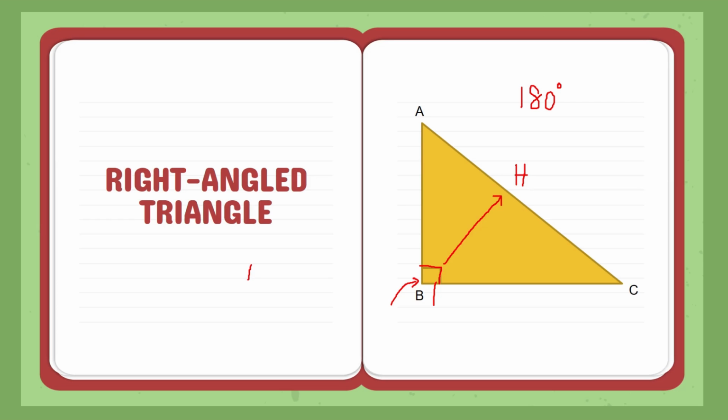Telling you again, this is triangle ABC, and the angle ABC is 90 degrees, which you can show as this 90 degree angle. And the opposite side here is the hypotenuse. This is the basics that you should know before we go ahead.